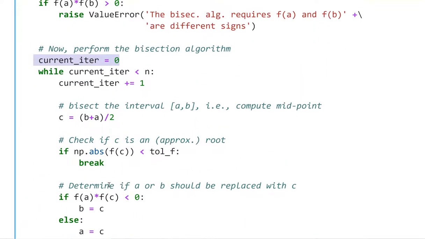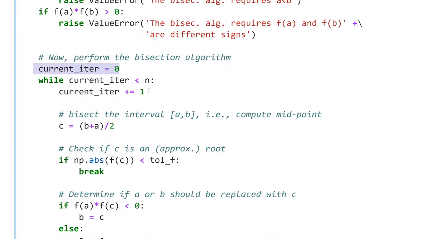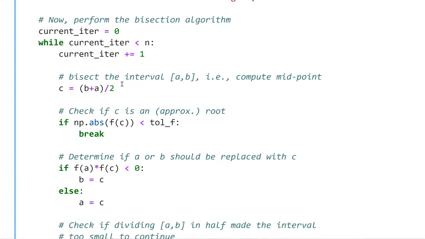We check if the iteration is less than n at the start of each loop. We add 1 to it, and then the bisection occurs. We bisect the interval. We take c equals a plus b divided by 2. That's the midpoint of the interval defined by a and b. That becomes the new guess for the root.